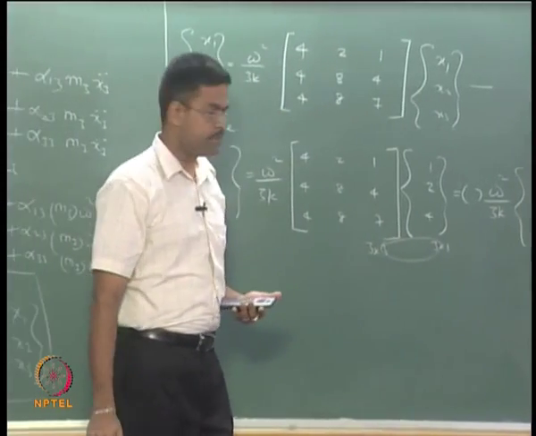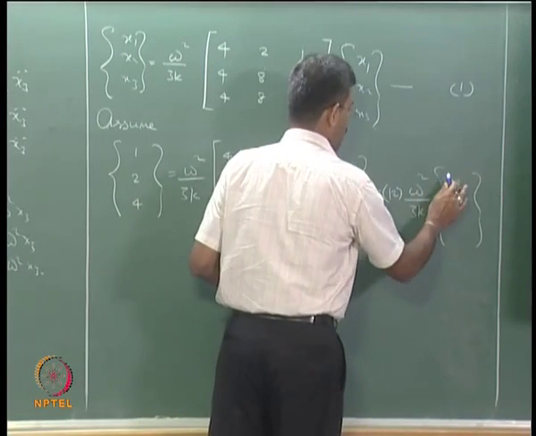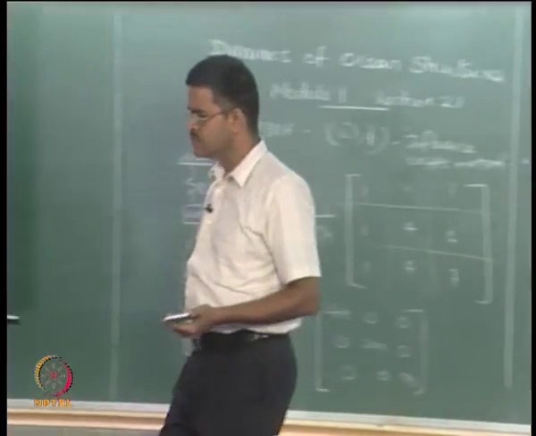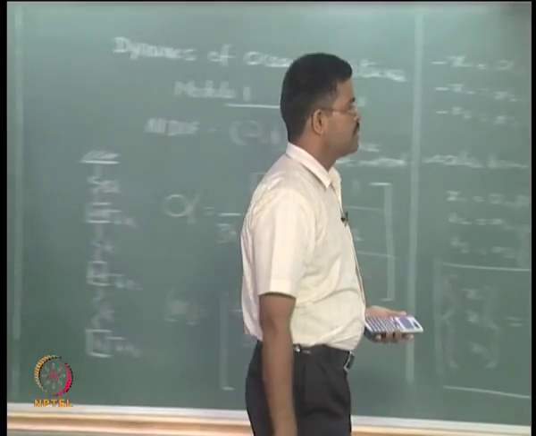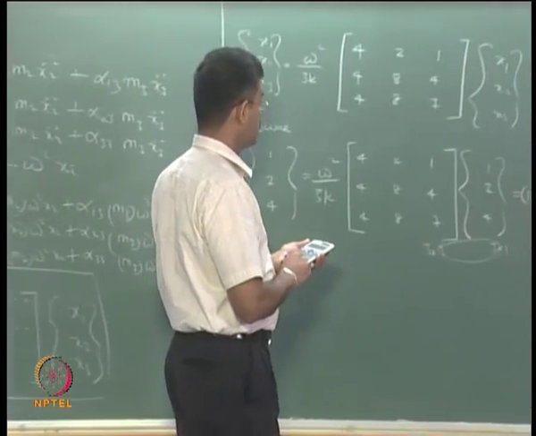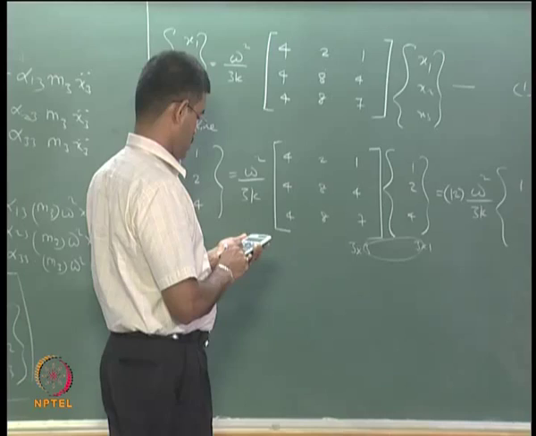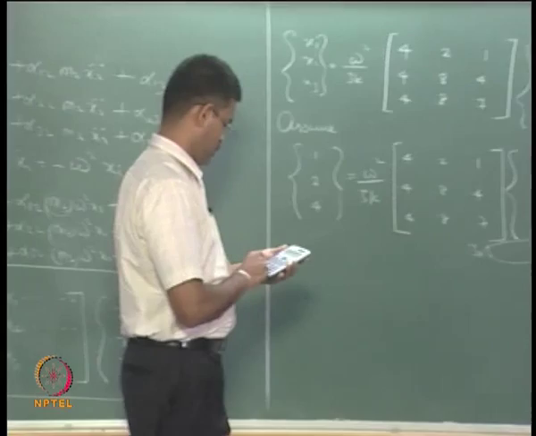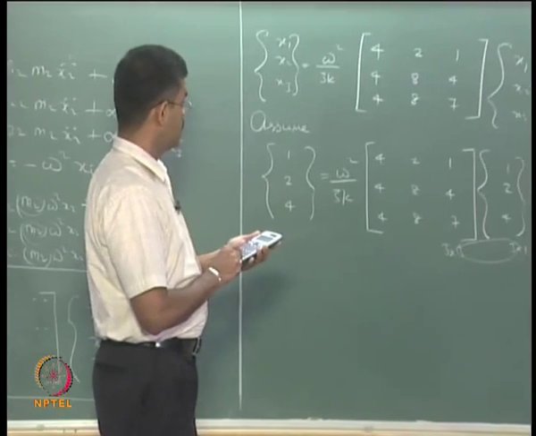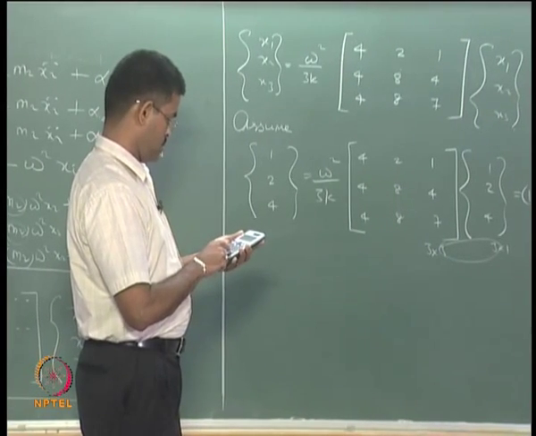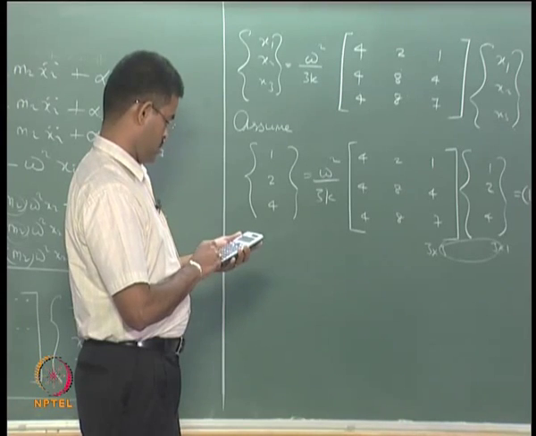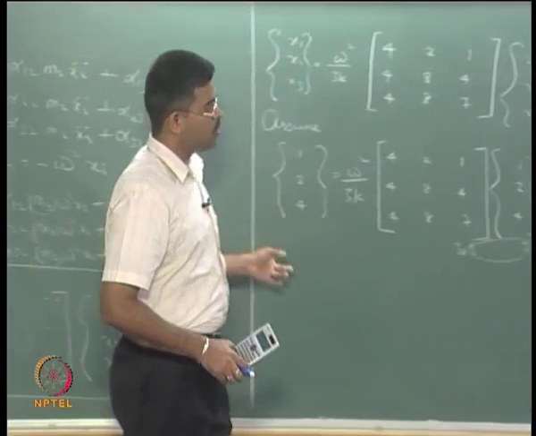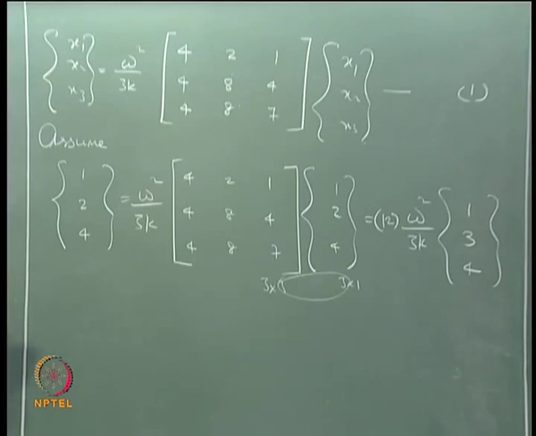Instead of writing 12 here I take this 12 out and put 1 here. Similarly the second will be 3, and 4. So I started with 1 2 4, but I am getting 1 3 4, it is not converged. So let us repeat it.